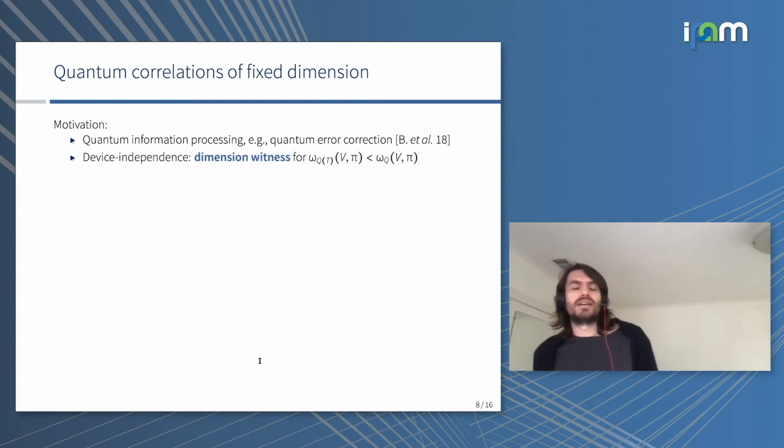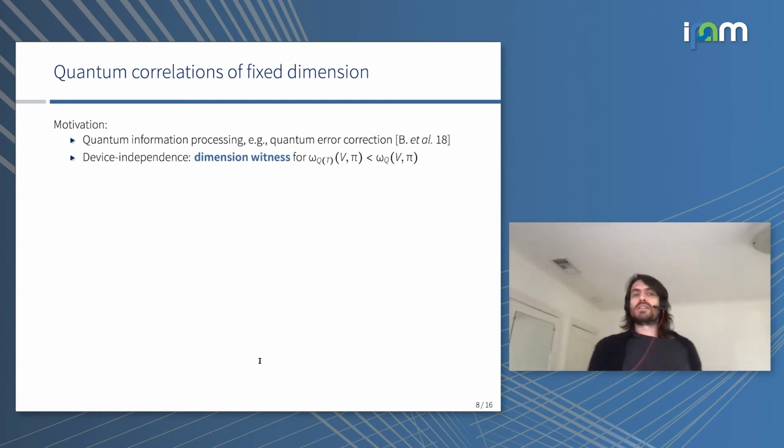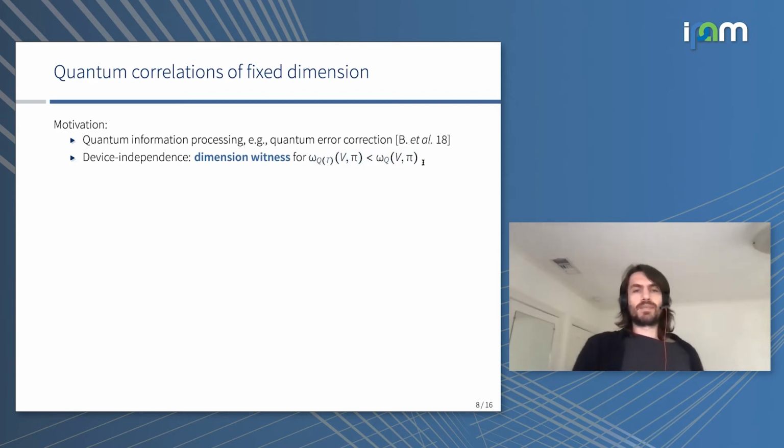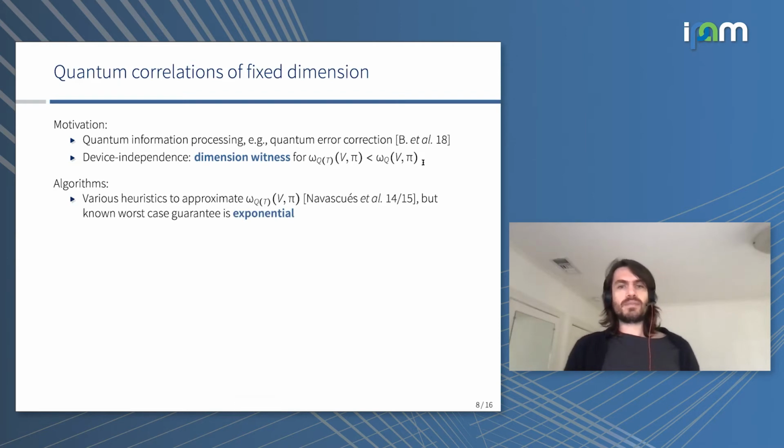Maybe we have a device that we don't know the dimension of because we don't trust it. Then if we understand this dimension constraint value versus the unconstrained value, this can tell us something about the dimension of the system.